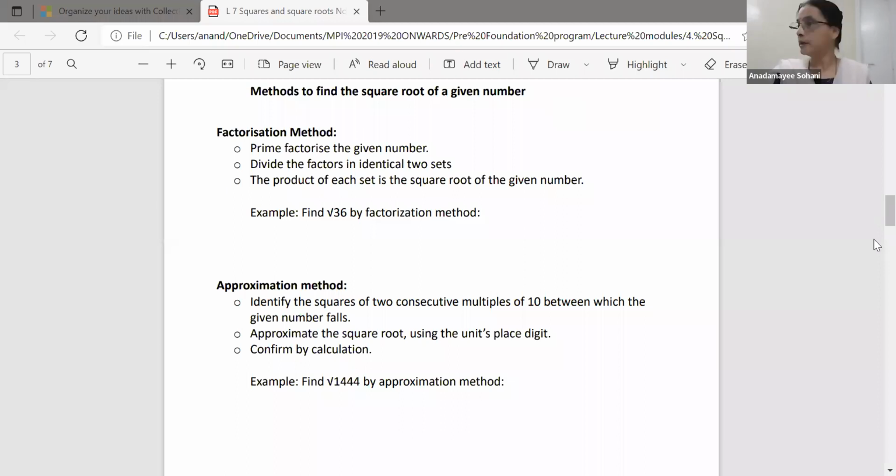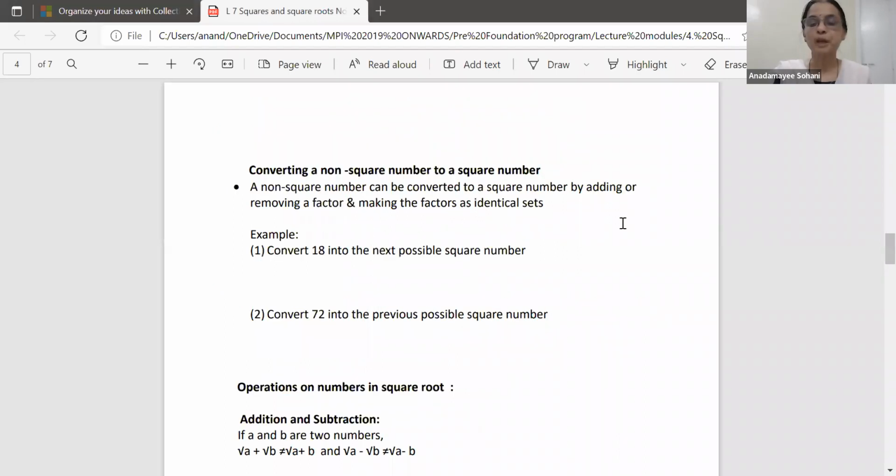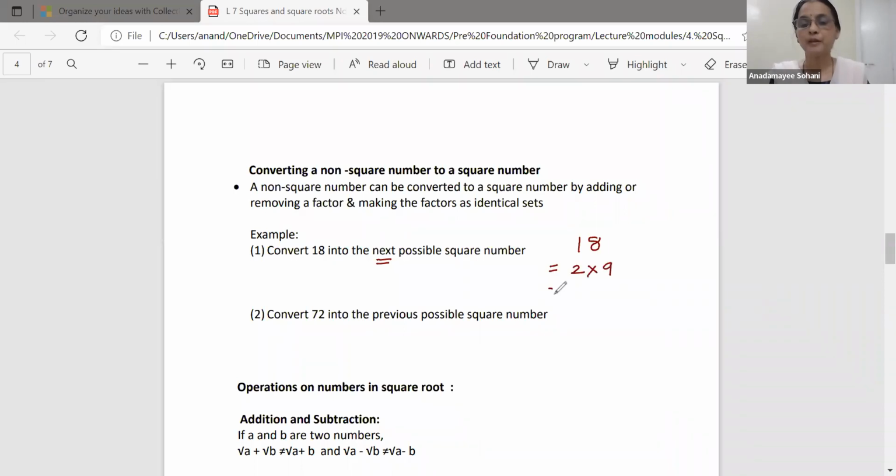Now the next point that we are going to see is, if I am given a number 18, it is not a square number. I want to make it into the next square number. What will I do? I will prime factorize 2 into 9. That will be 2 into 3 into 3. Now, if I want this to be a square number, I need pairs.